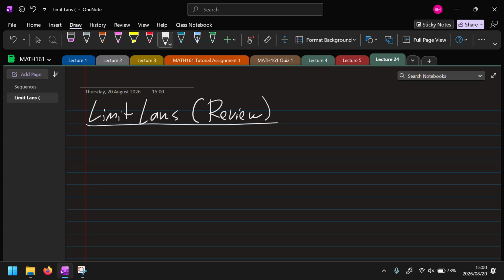Last year when we did limits, we had limit laws for f of x and g of x and so on, and we used those limit laws to evaluate limits. We're going to do the same thing here, but instead of f of x and g of x, we're going to have sequences. But you'll see all of these are the same as last year.